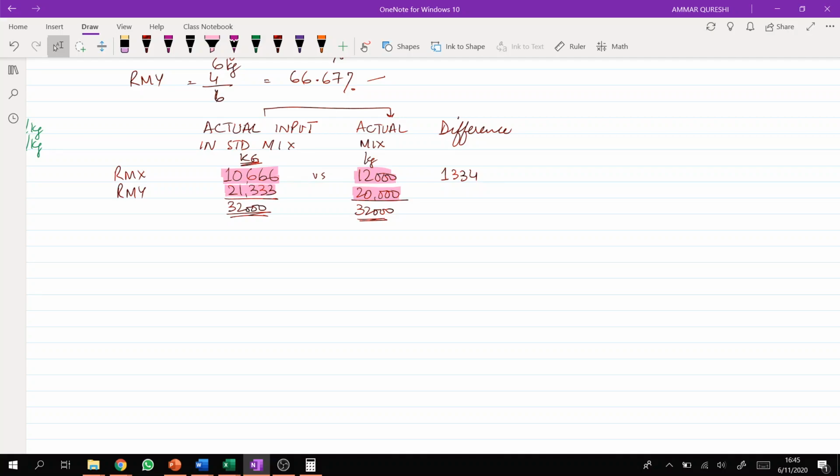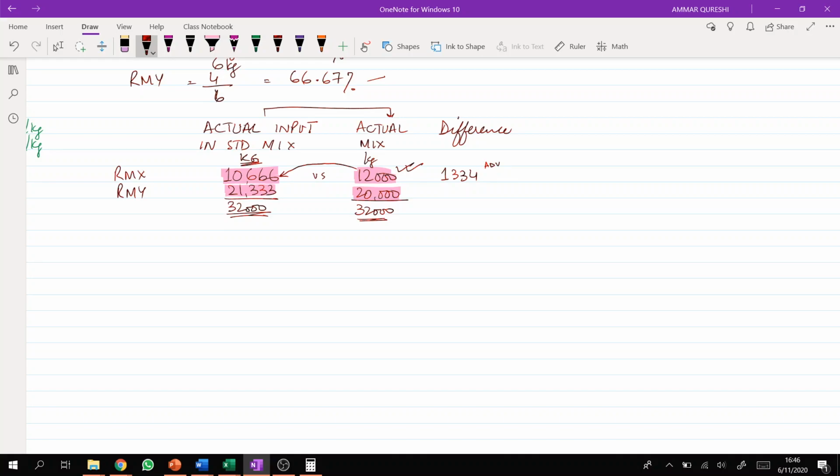And if you have consumed less quantity as compared with the standard, then this variance is favorable. Now let's check. Actual consumption is higher than the standard consumption. So we will say that this is towards the adverse variance.